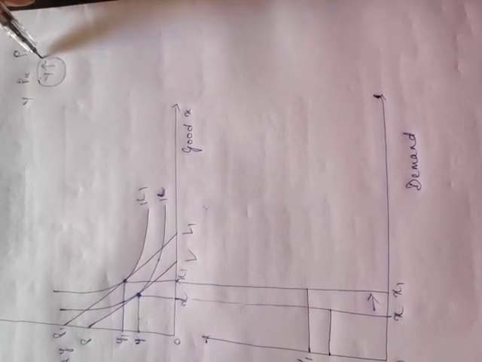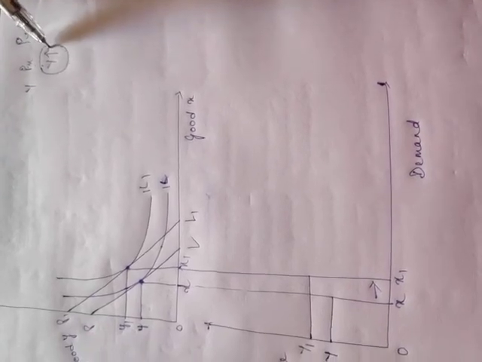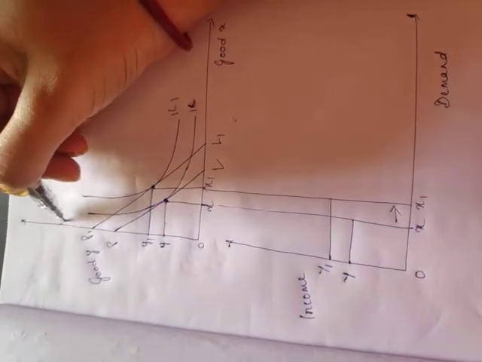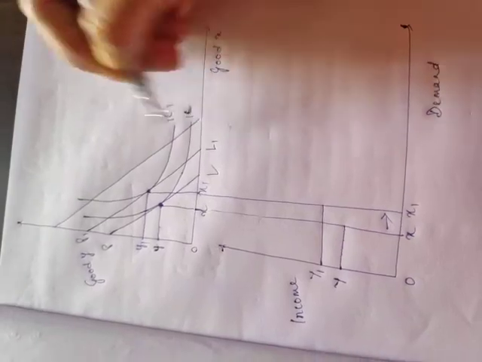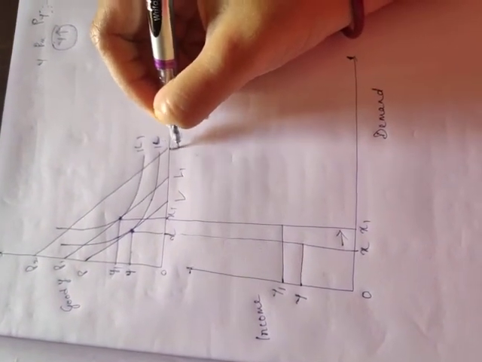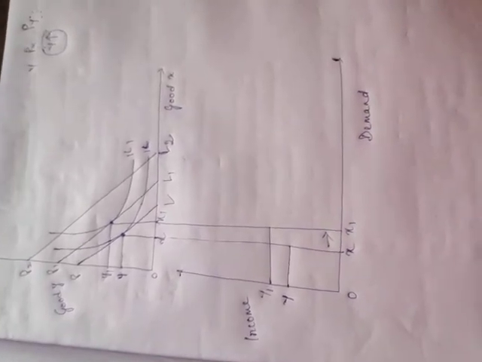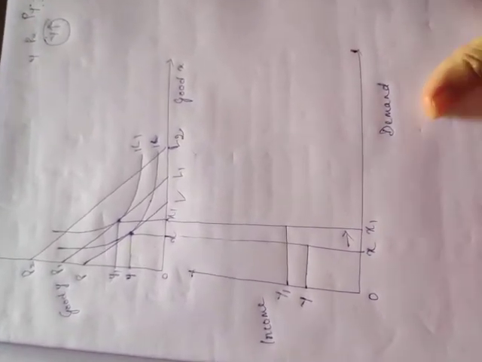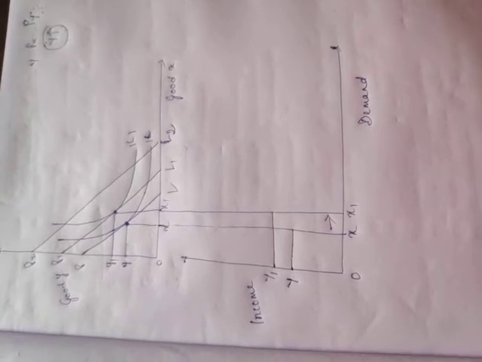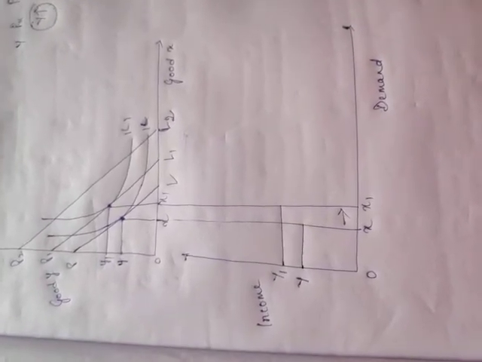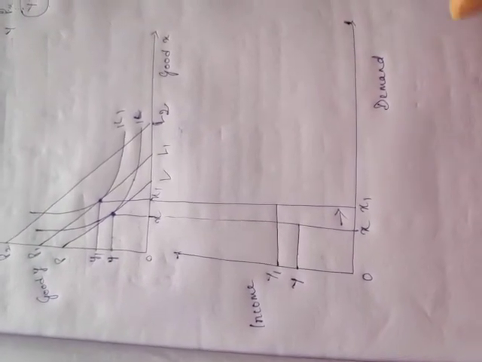So again, if your income increases, then your budget line will shift towards right from P1L1 to P2L2. So when you have more income in your hands, being a consumer, you will always try to increase the consumption of both the commodities.